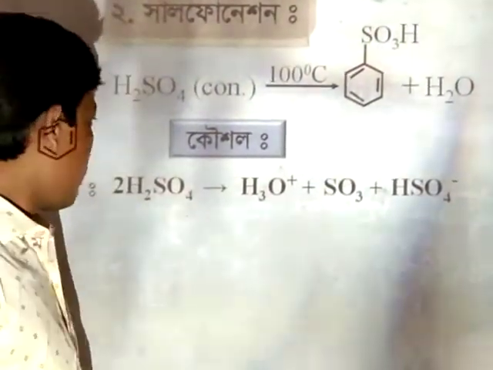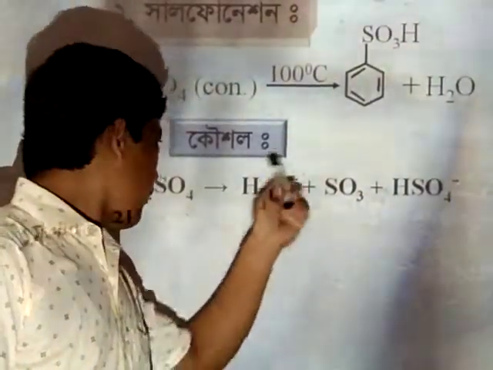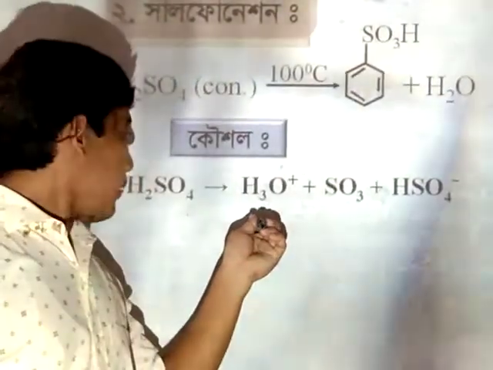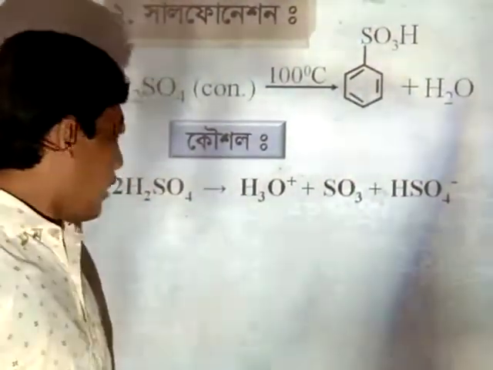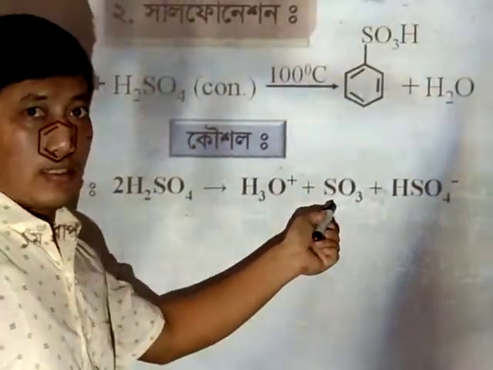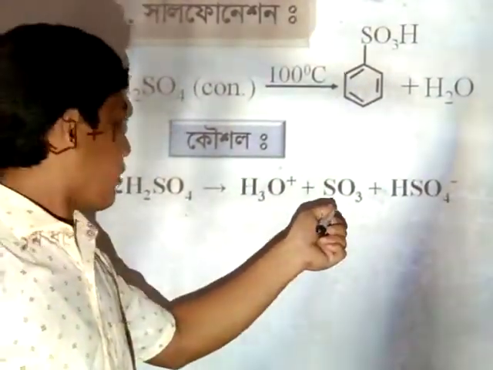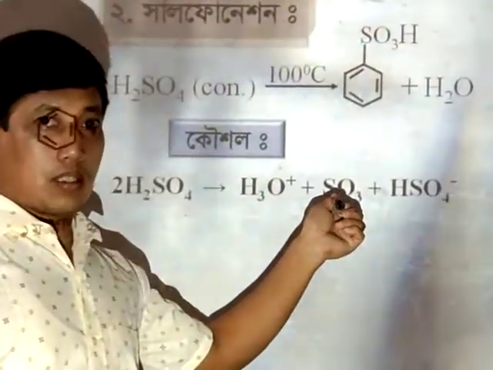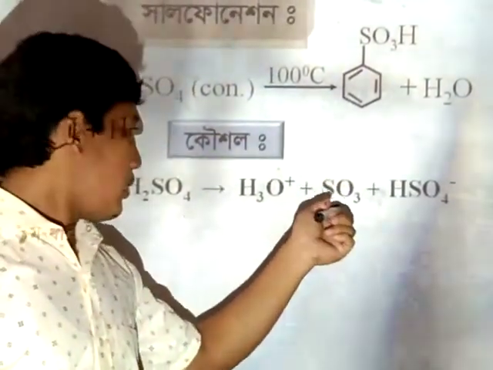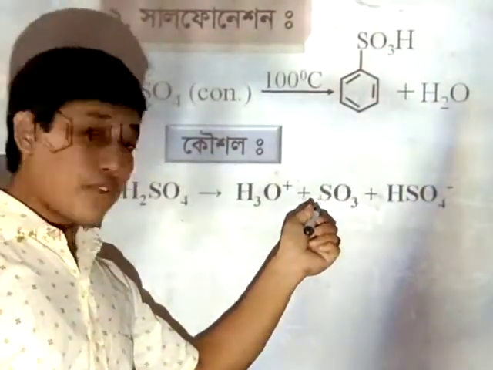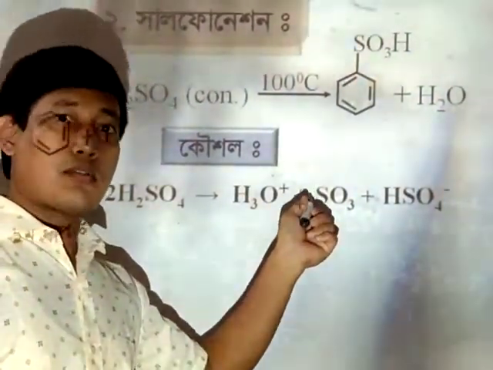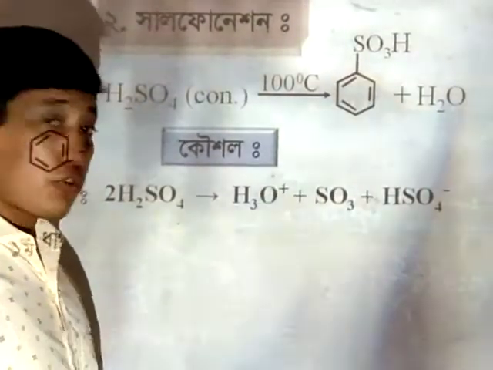So here the hydronium ion could react as electrophile, but here sulfur trioxide will react as electrophile because of the resonance structure of sulfur trioxide. By the resonance structure, a positive charge is always produced on the sulfur atom and it reacts as an electrophile.